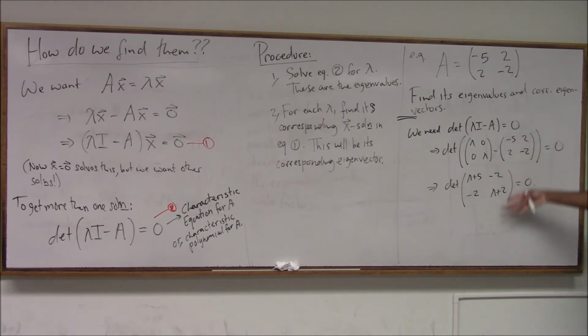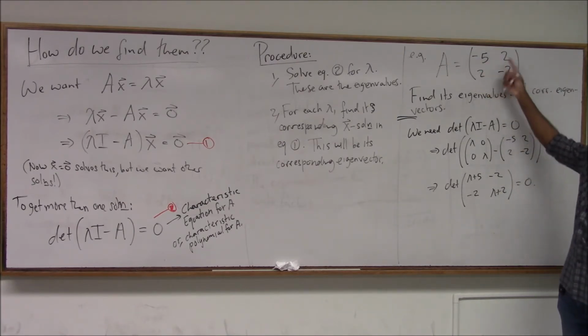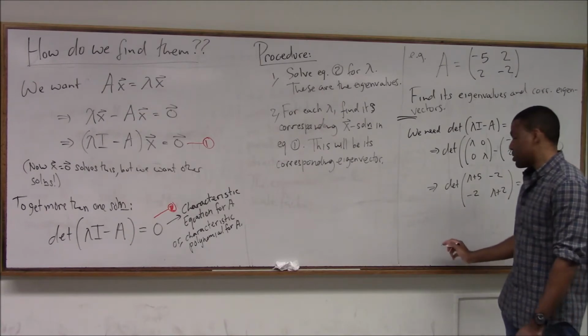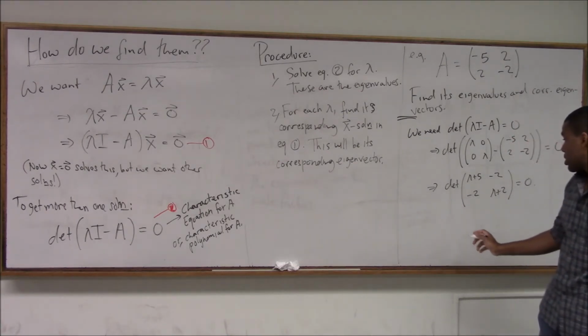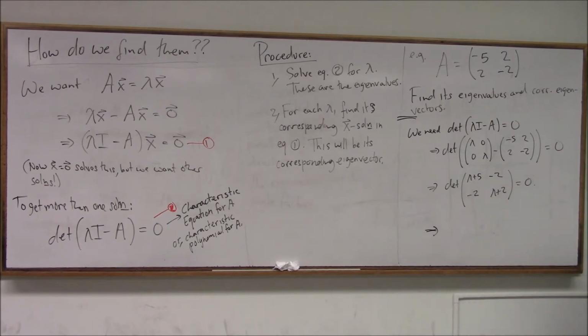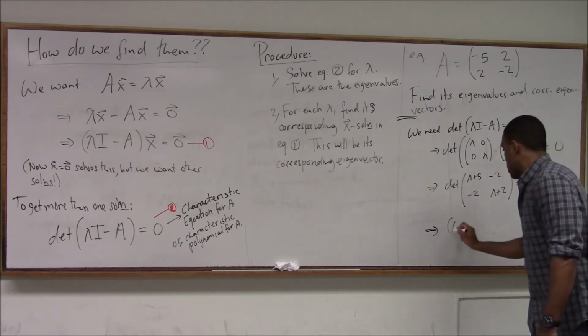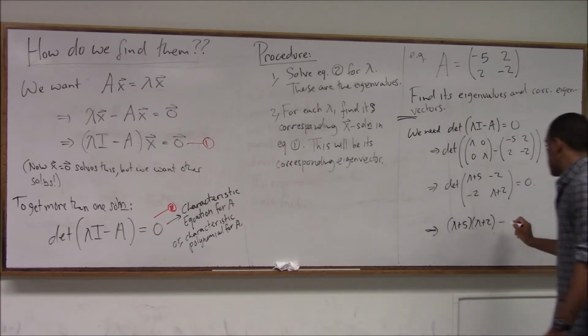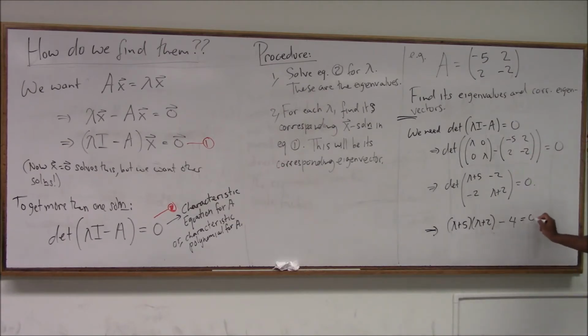You don't have to show this, but you're clearly going to just take lambda minus this, lambda minus that, and the negative of those two. Or a similar procedure would work for bigger matrices, but that's what the 2 by 2 case is going to look like. And so that means I find the determinant of this: lambda plus 5 times lambda plus 2, this times this minus that times that, minus 4 equals 0.